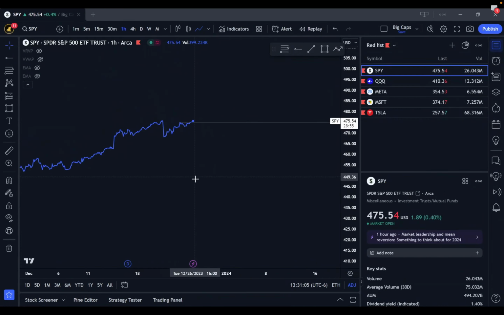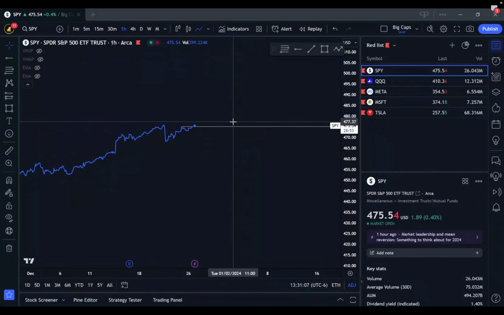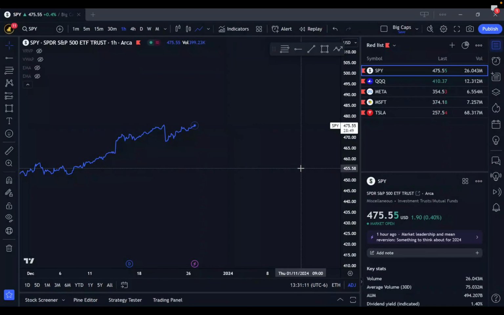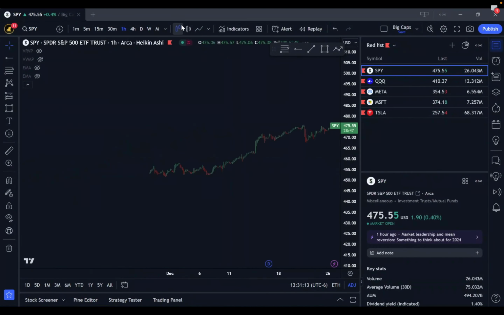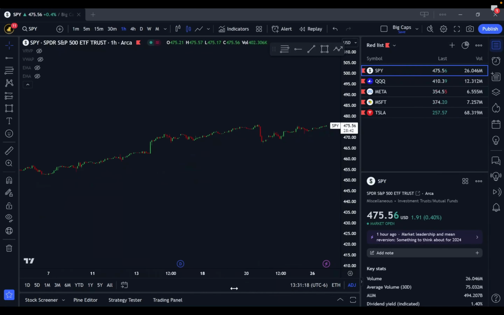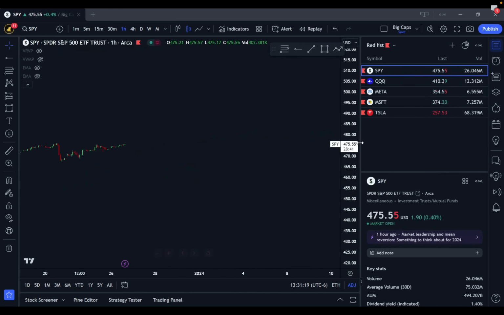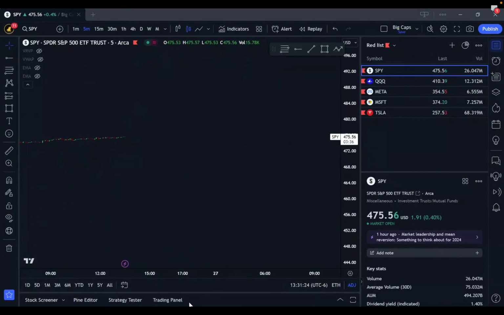So that's really the easiest way to label, and simply explained, to label support and resistance. So let me go back here and check on the 5 minute.